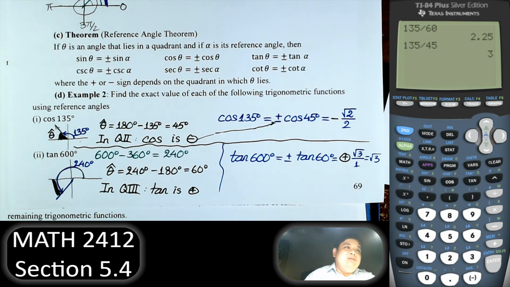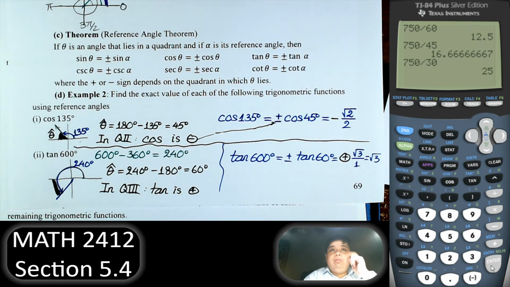But in the big scheme of things, how about 750 degrees? Let's divide by 90. No. How about dividing by 60? No. How about 45? Still no. How about 30?